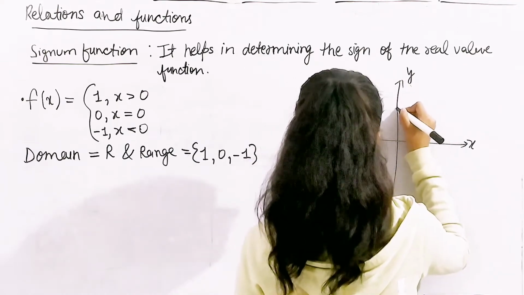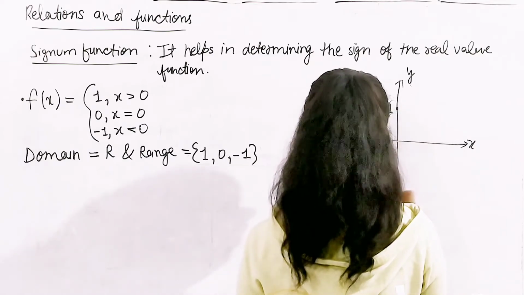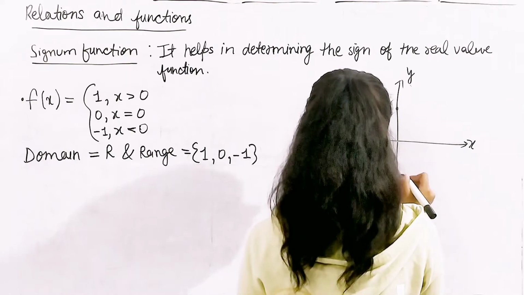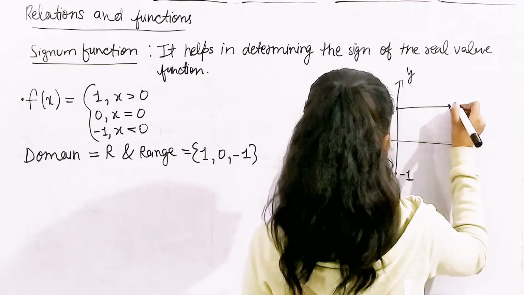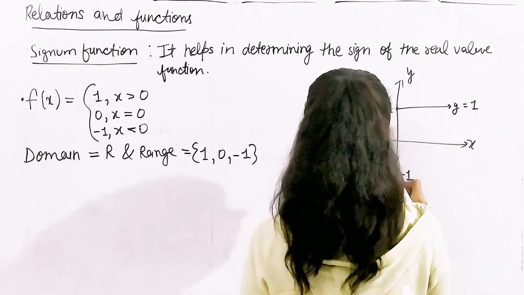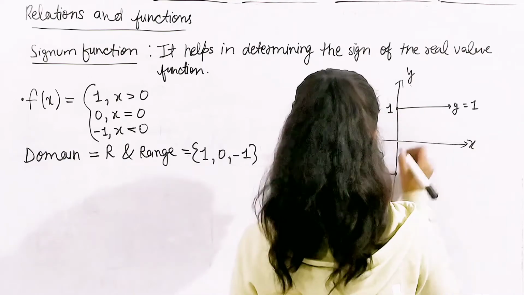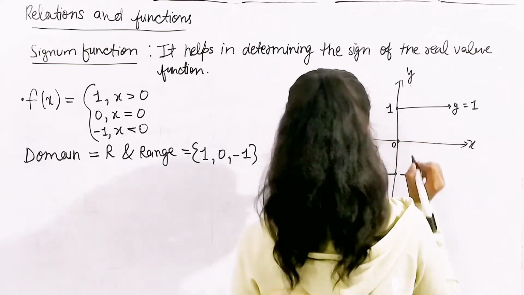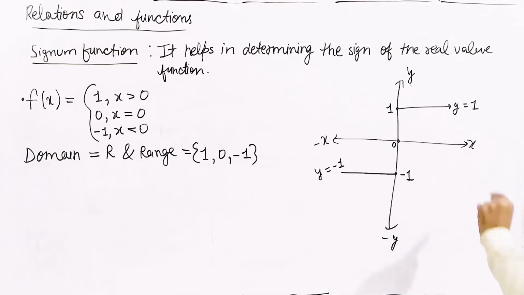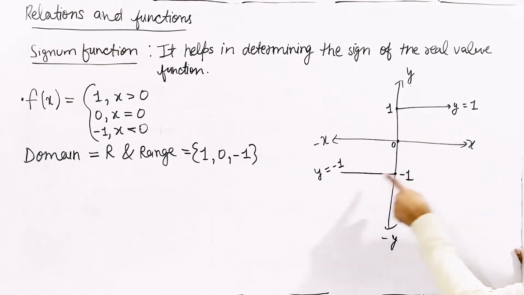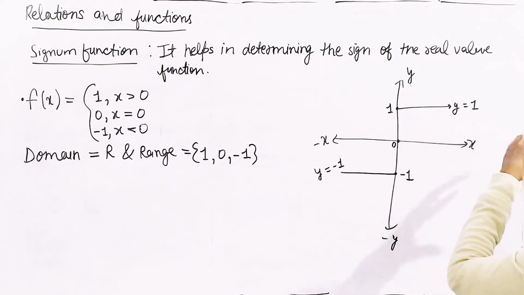Let's say here at this point we have 1, and here at this point we have -1. This point says y is equal to +1, and this point says y is equal to -1. And this is where we have our origin.